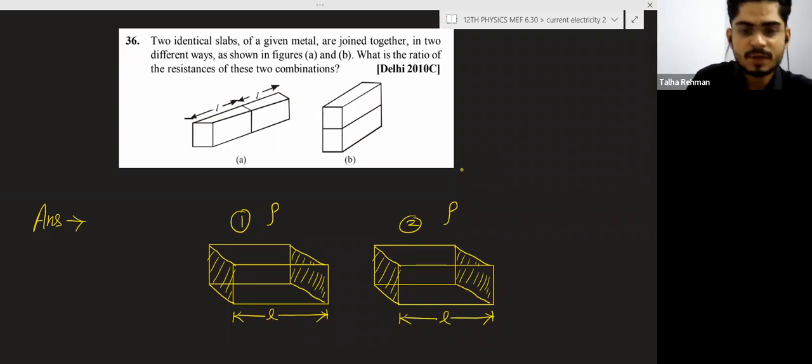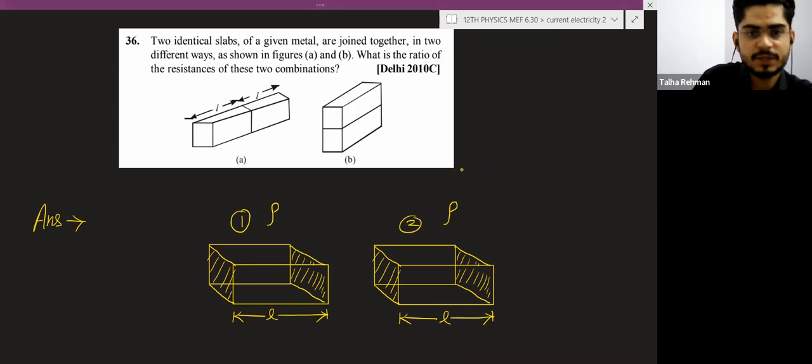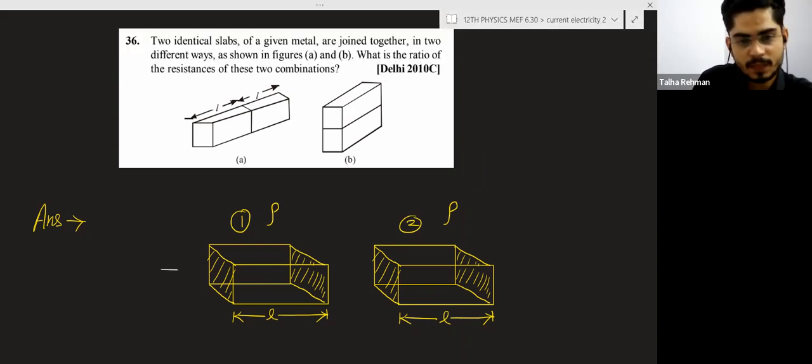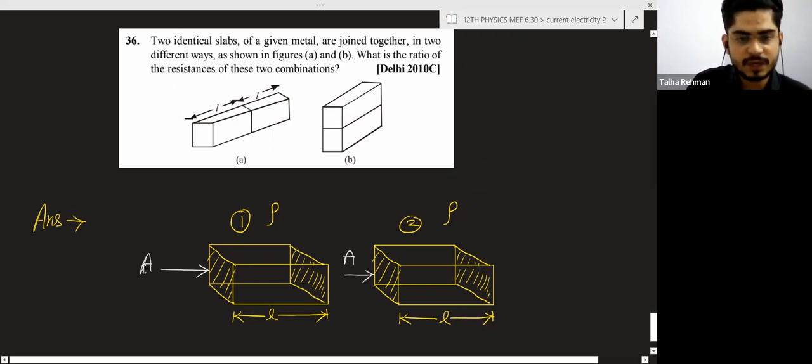Okay, and one thing more, area of cross section is also same. See this area of cross section. If the current is flowing in this way, and see here current is flowing like this, current will flow like this. So cross section area of both the slabs is same.